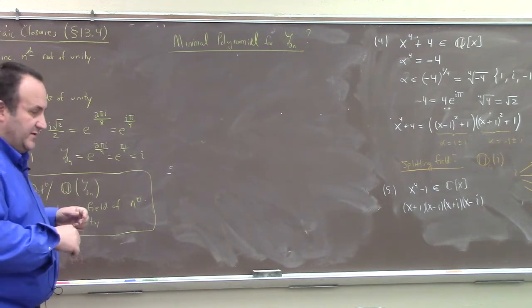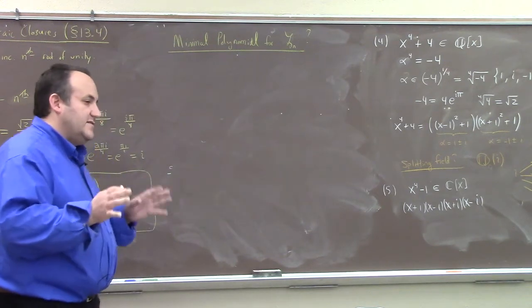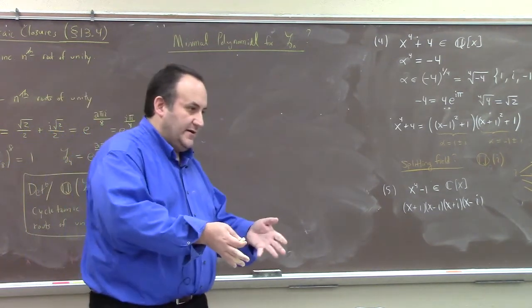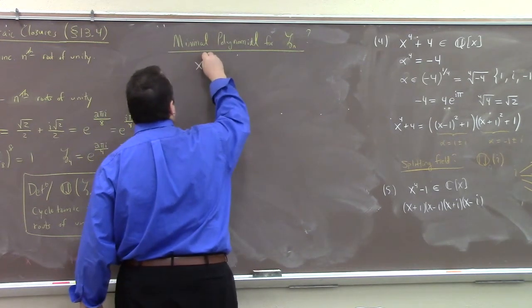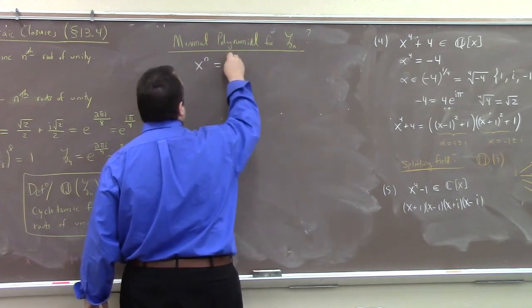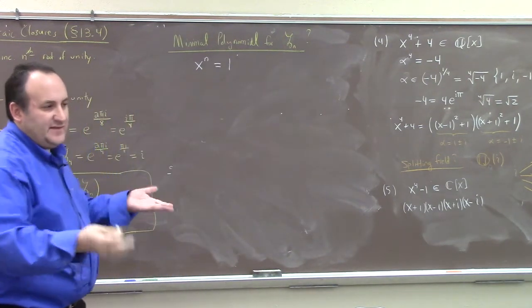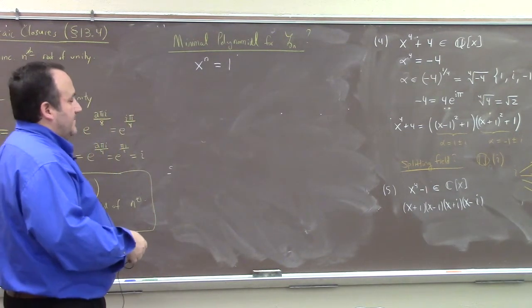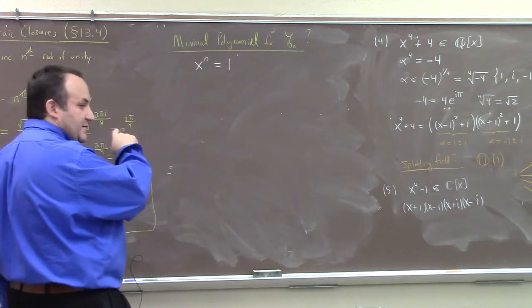But this we can figure out, because we're looking for the polynomial of least degree which takes zeta n as a 0, right? But remember where this came from. This came from solving the equation x to the n equal to 1, for x complex. Maybe z to the n equal to 1, if you like. So we already know that zeta n is a 0 of this, right?